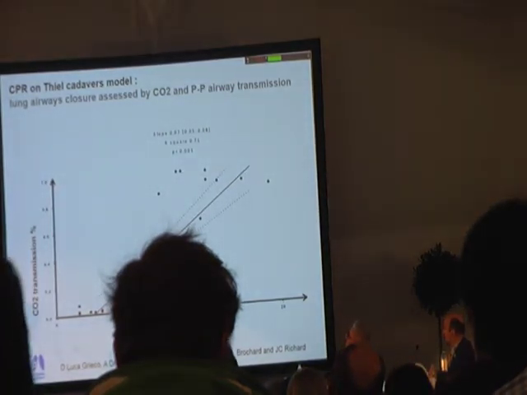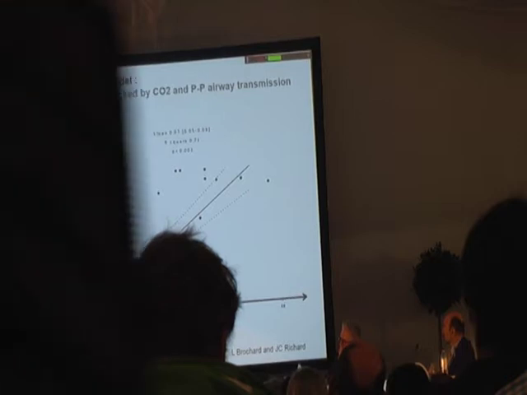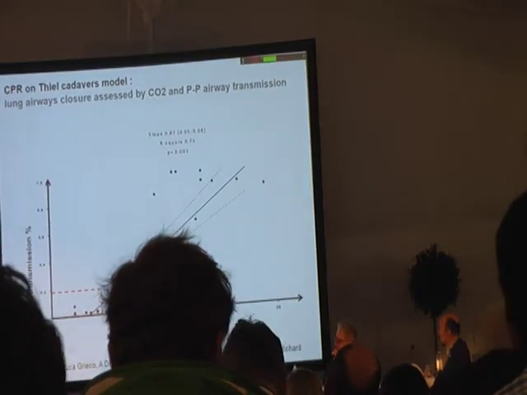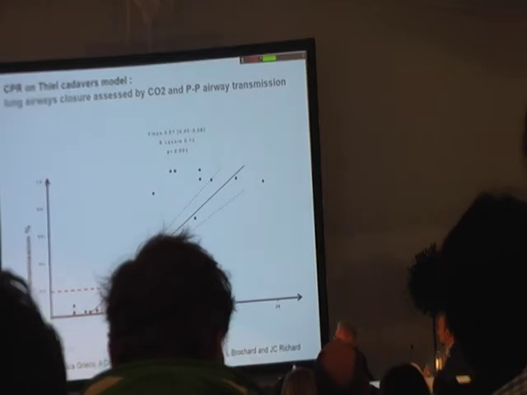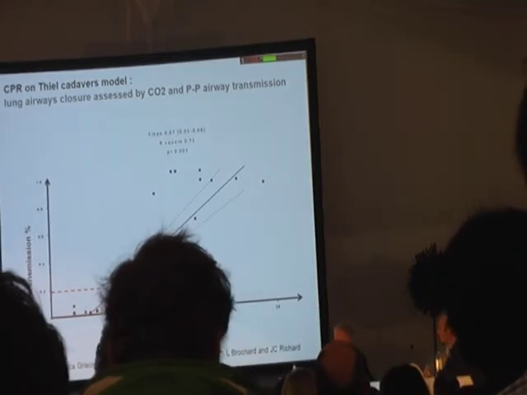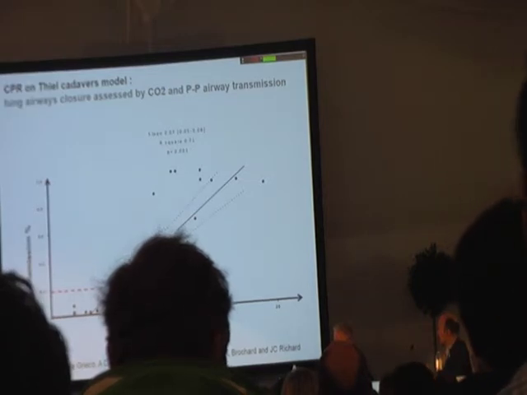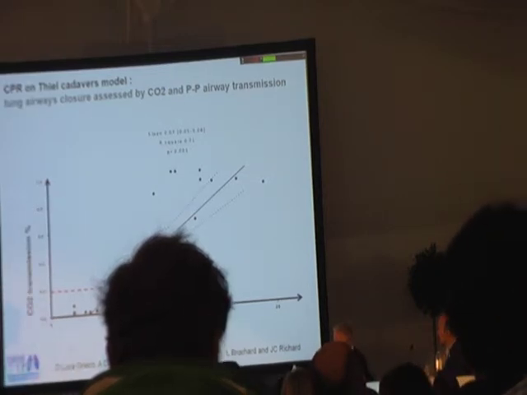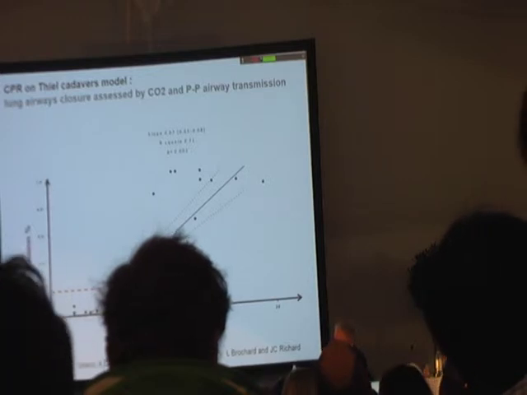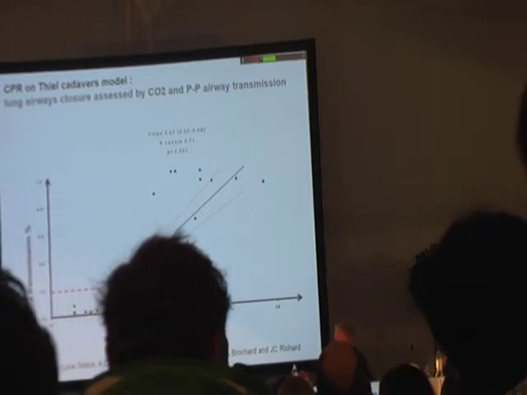This is all the measurement done on cadavers, and we observe a good correlation between the PP airway transmitted at the airway opening and measured on the ventilator, and the percentage of CO2 transmission measured by a new indicator that we define to characterize the oscillation of CO2.